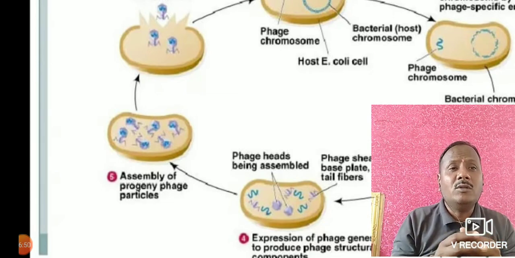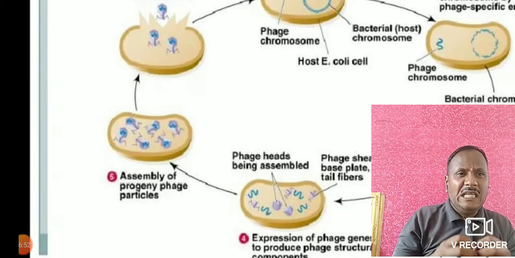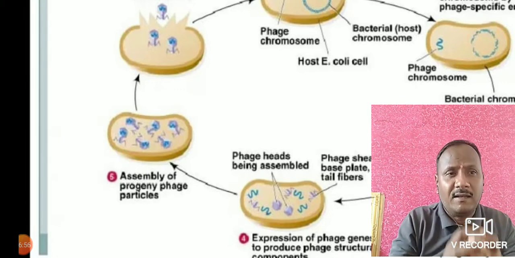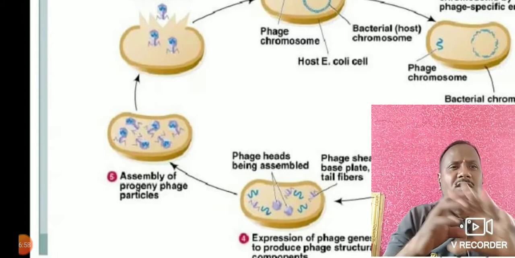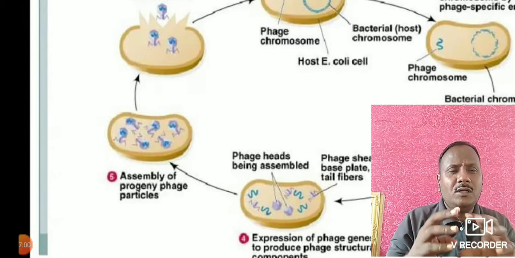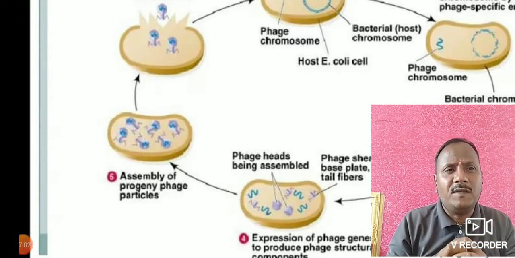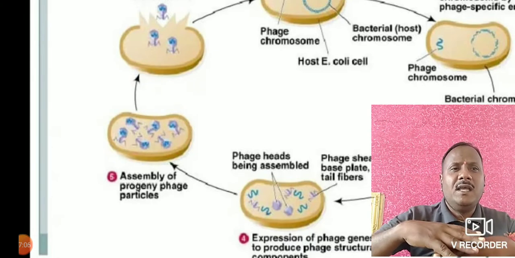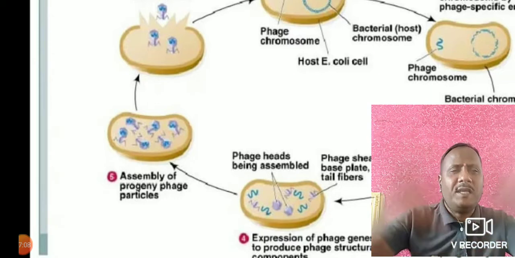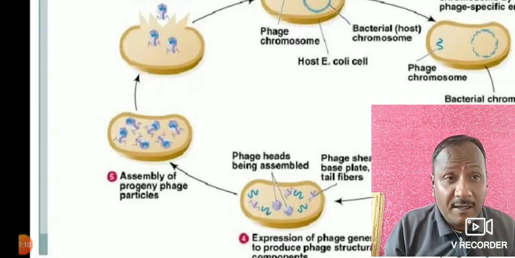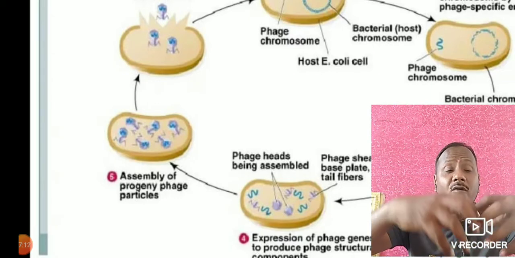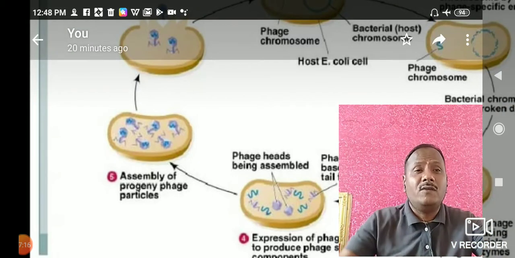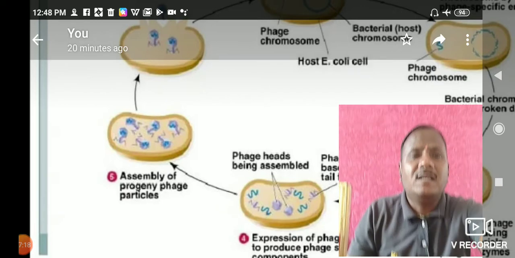How do they come out? Due to the increased pressure of the number of bacteriophages within the bacterial cells, what happens? There is the breakage of cell wall of bacterial cells, and these bacteriophages come out from the bacterial cells.